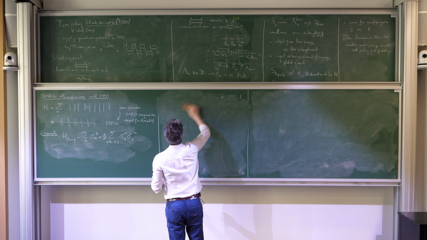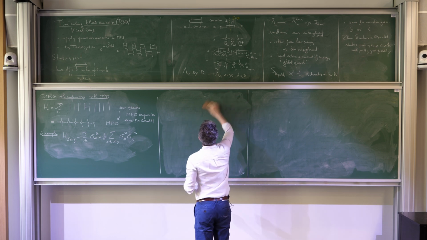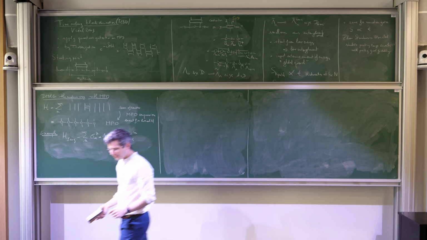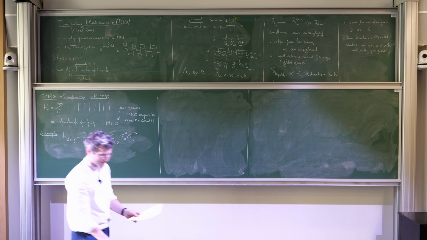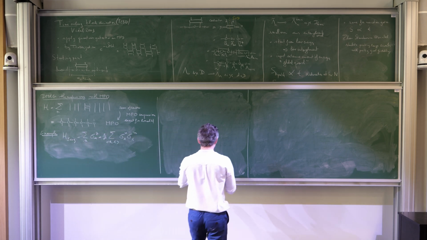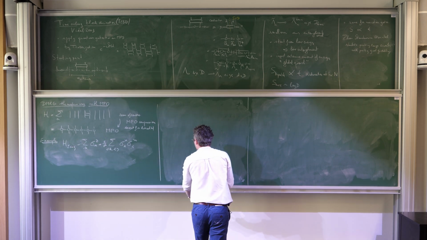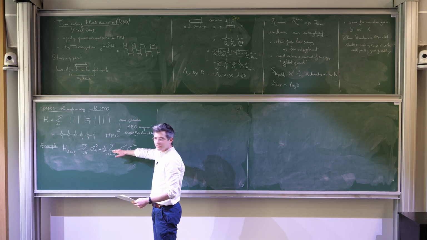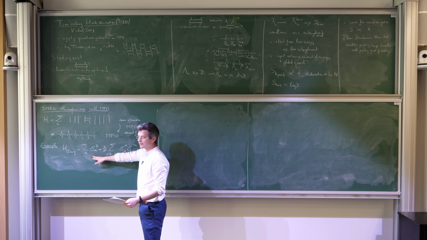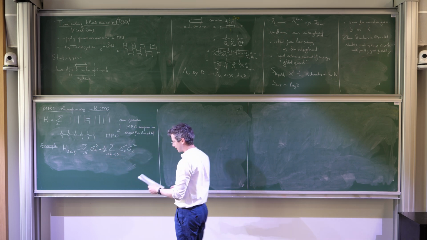Okay, so we are back to a few minutes of tricky, just so that you have to turn your brain back on for a tiny bit for this step. So I will just exhibit what tensor I have to put here so that it gives this, okay?